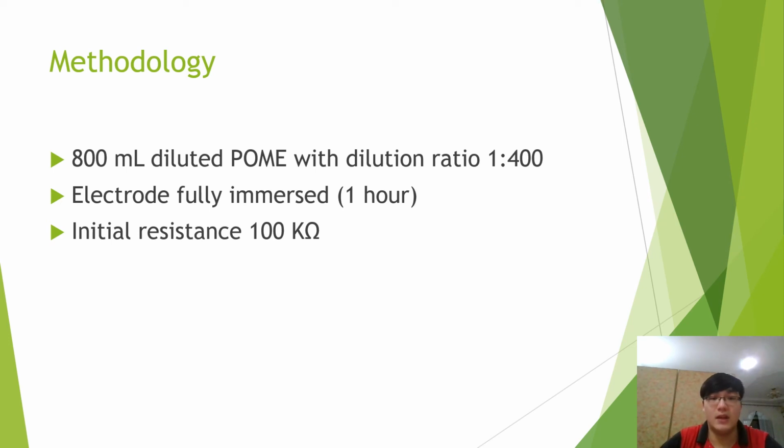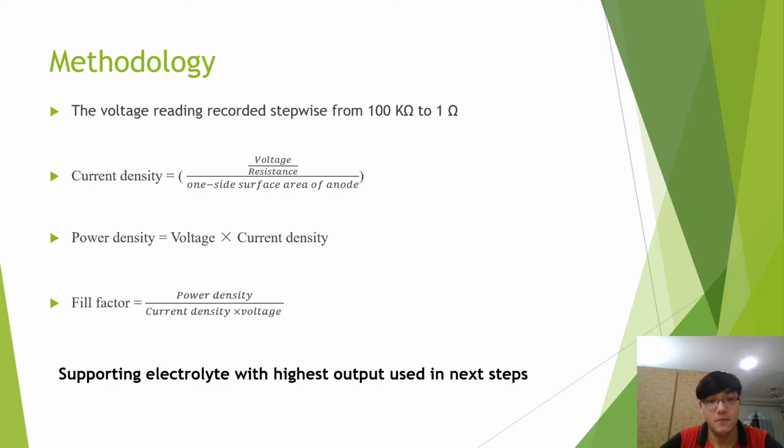The photoanode and cathode are fully immersed in the solution for 1 hour, with an initial resistance of 100 kiloohms. The reading is recorded with the resistance reduced from 100 kiloohms to 1 ohm over the 1 hour. Current density, power density, and fill factor will be calculated using the equations stated. The supporting electrolyte which gets the highest output will be used in the next steps.